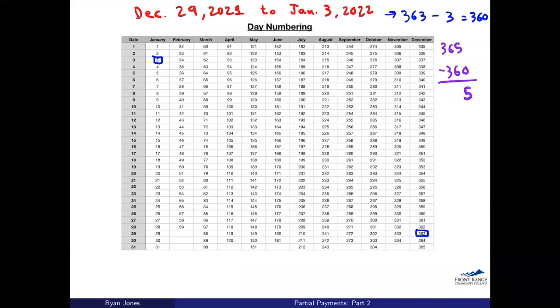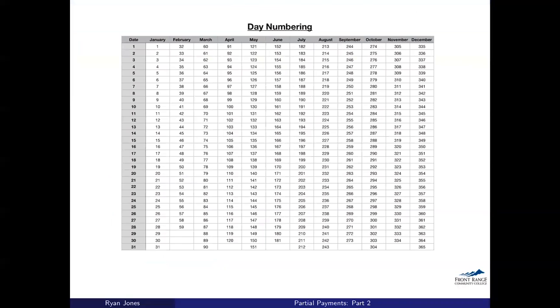And if we go back, let's take a look. I'm going to copy this page over, give us something fresh here. So we are looking at April 7th as our day of our partial payment. And so let's find April. Let's find 7. Let's go down. Let's go across. I see this nice 97 right there. And so April 7th will be the 97th day of the year.